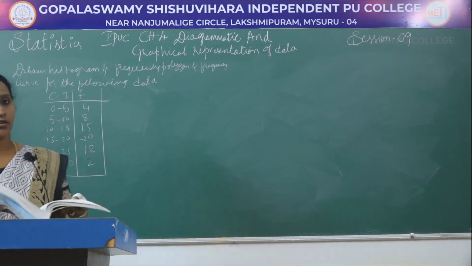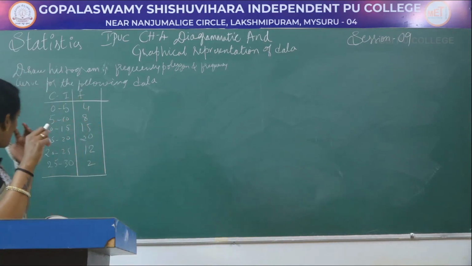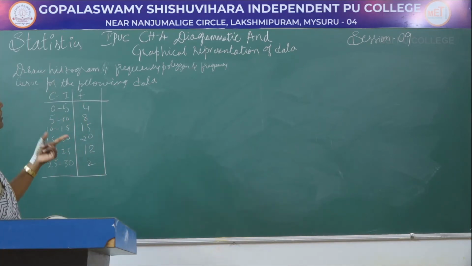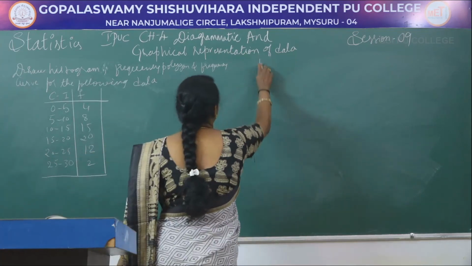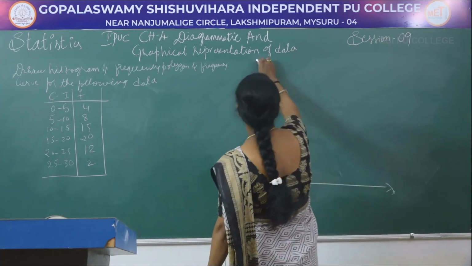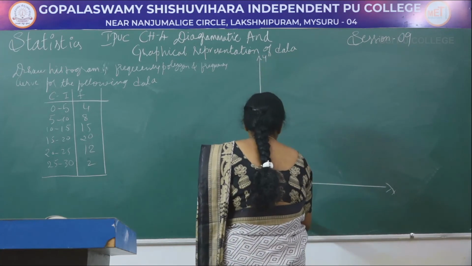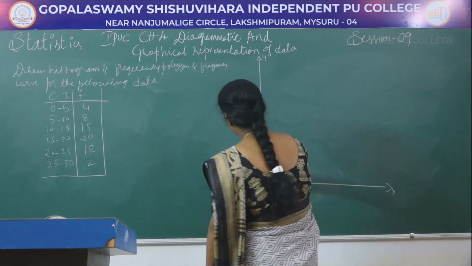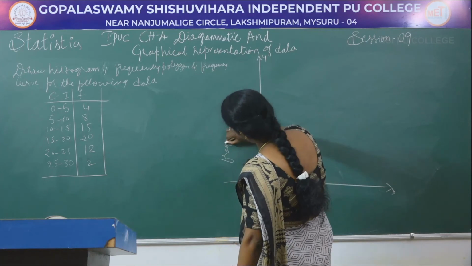For this problem, we have to draw the frequency histogram, frequency polygon and along with the frequency curve also. X-axis, Y-axis. In X-axis this is class interval. In Y-axis this is frequency.